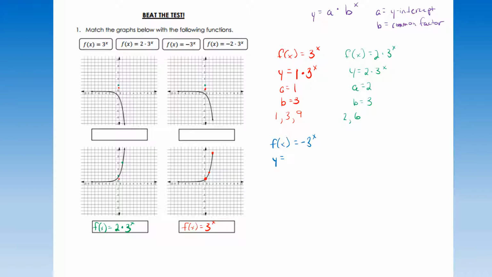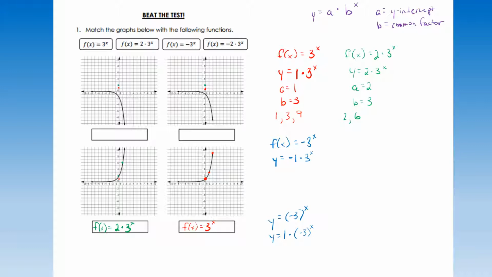This is saying -1 times 3 to the x power. If this had been y equals -3 in parentheses to the x power, then we would say the equation is 1 times -3 to the x. But that's not what we're doing here.